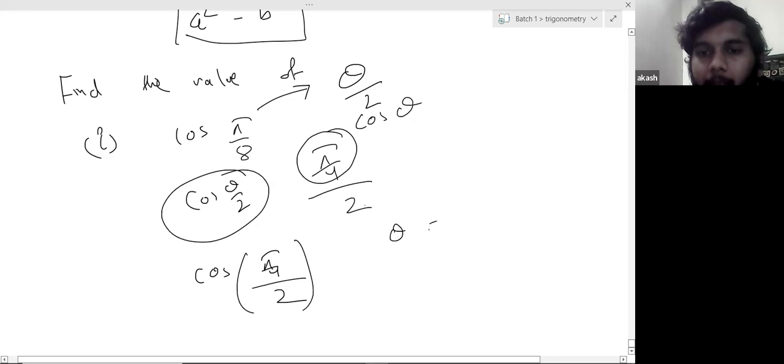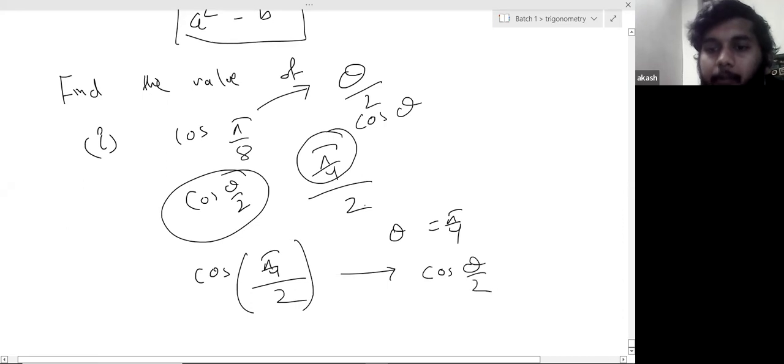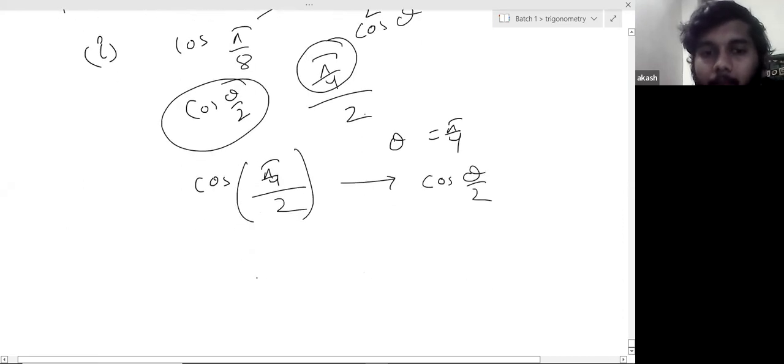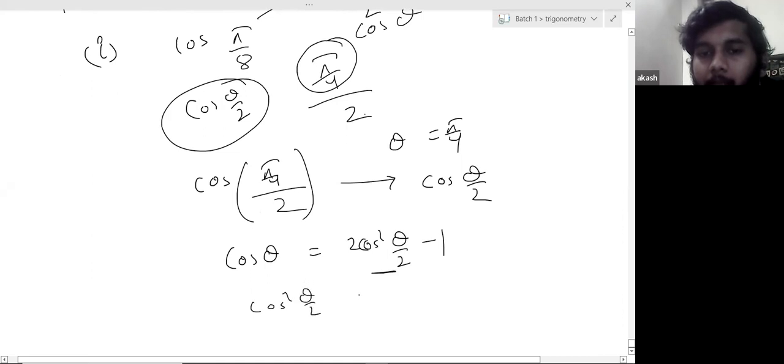If I take pi by 4 as theta, I can change this into cos theta by 2. I know the formula: cos theta is 2 cos square theta by 2 minus 1, right? So I can find the value of cos square theta by 2 as 1 plus cos theta, whole divided by 2.